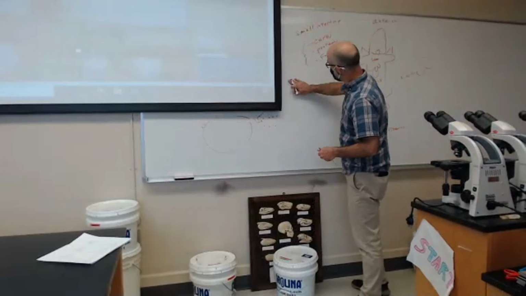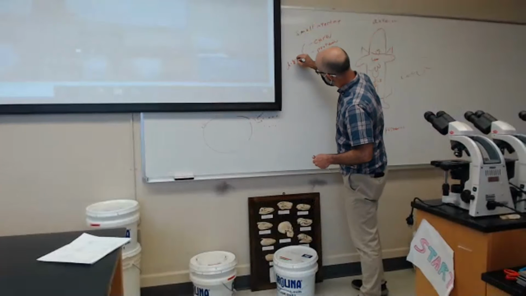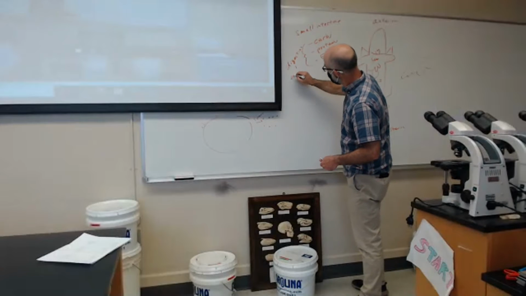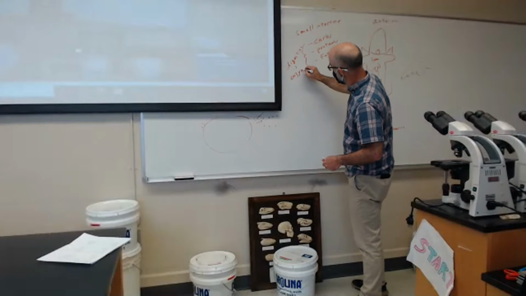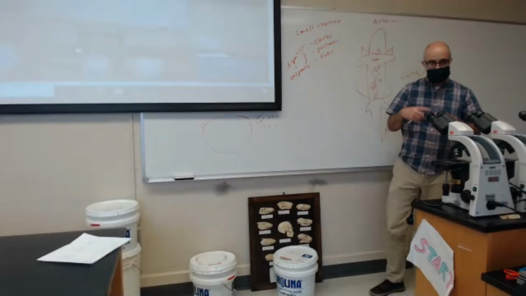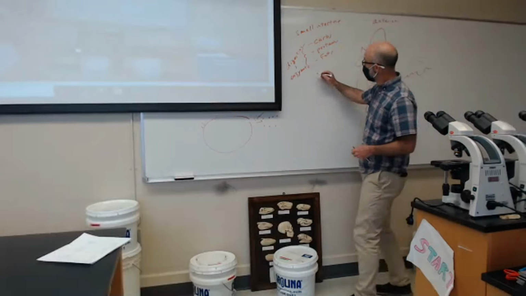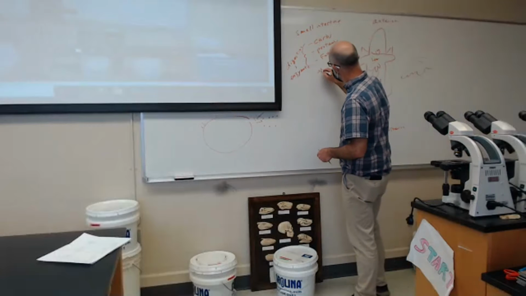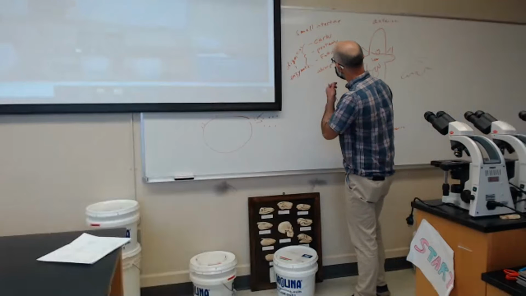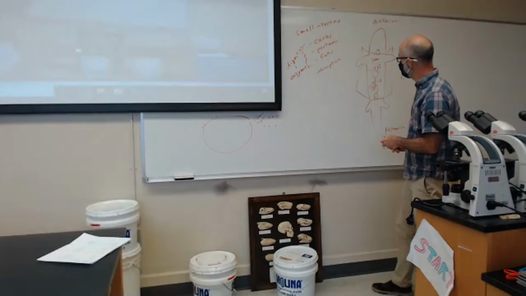Okay. So we have digestion, which at this point is usually an enzymatic process. Those enzymes get in there and break the bonds, and then the absorption of those small molecules happens in the small intestine.